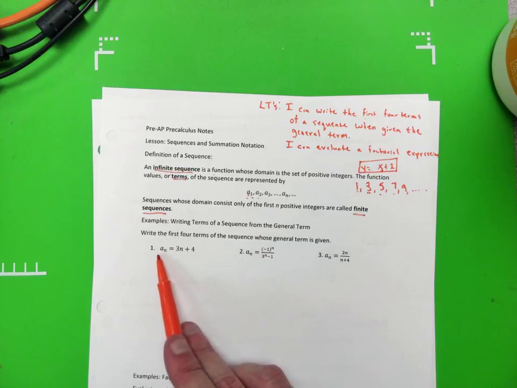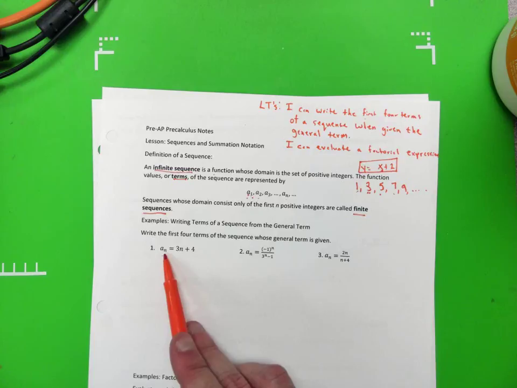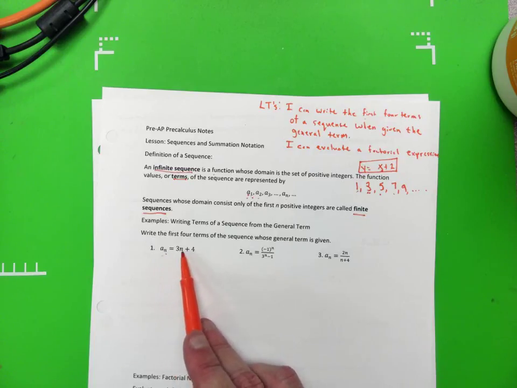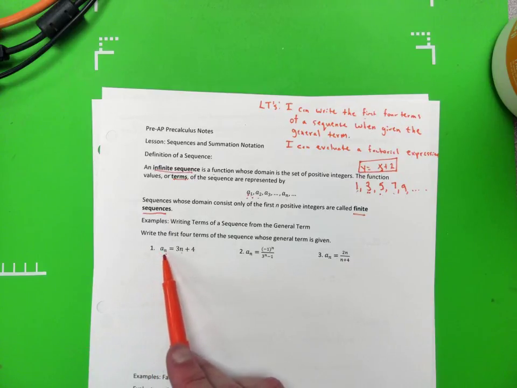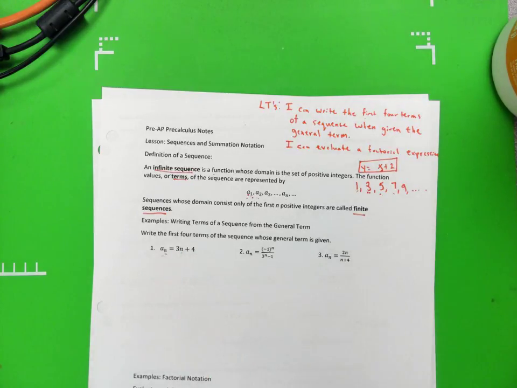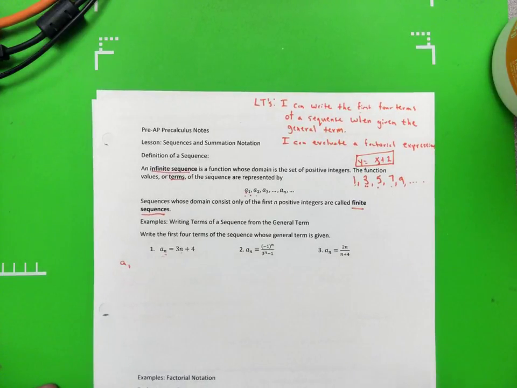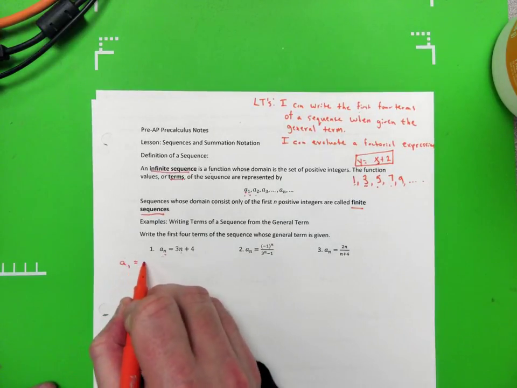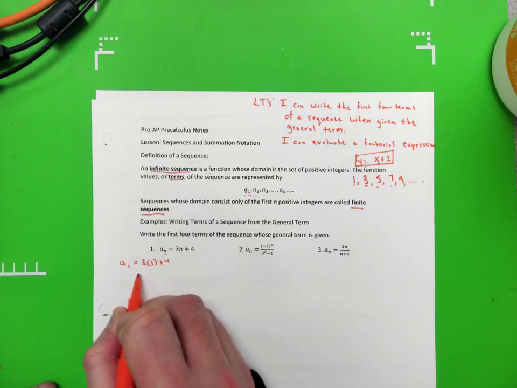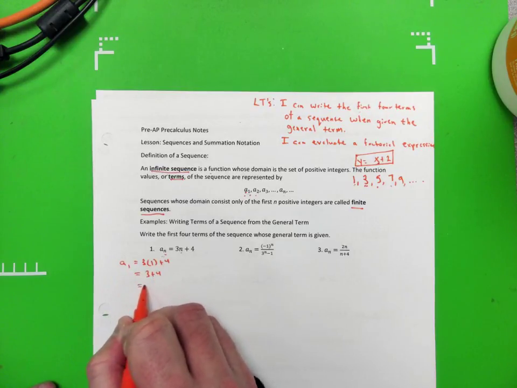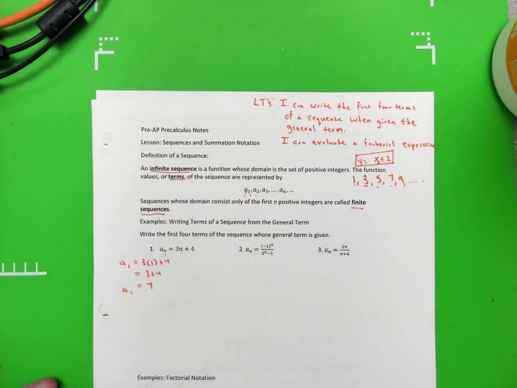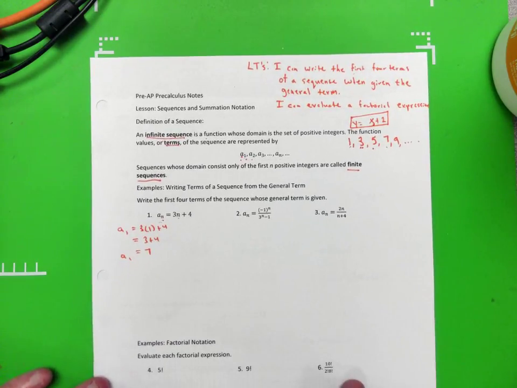So at any given time in the sequence, for whatever term you're trying to find, let's say you're finding the first term, you'll plug 1 in to get that. Let's say you're finding the 16th term, a sub 16, you'll plug 16 in there. I'm trying to find the first 4 terms, so I'm going to start off by finding a sub 1. I'm going to plug 1 in there, and I get 7. So my first term of this sequence is 7.